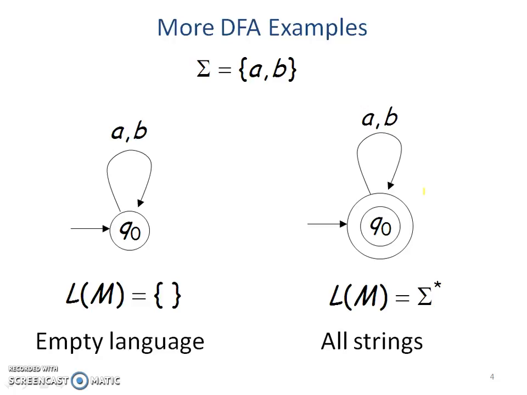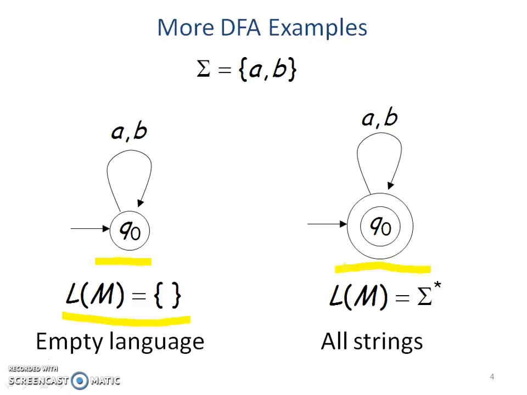Some more examples of DFA, let us discuss them. This is a language which is actually an empty language, and this diagram represents the DFA for an empty language. The diagram to the right represents a language of all strings.